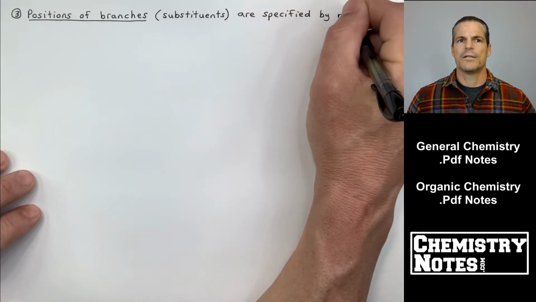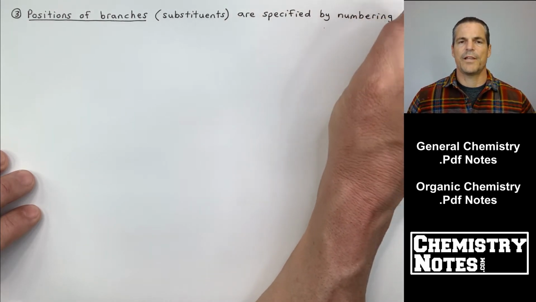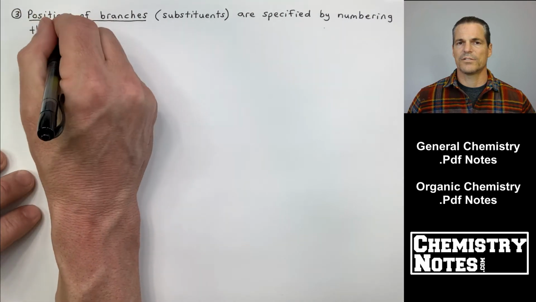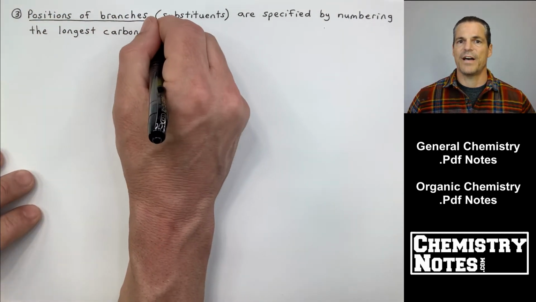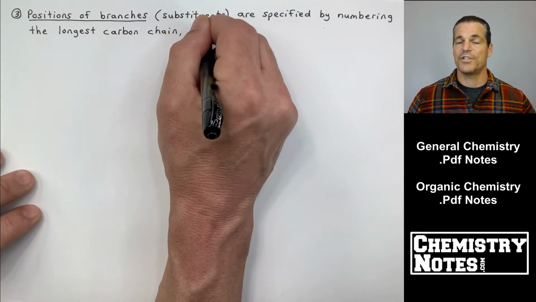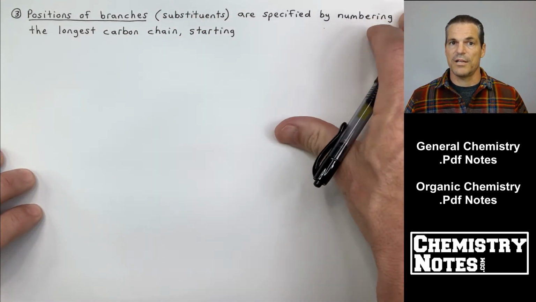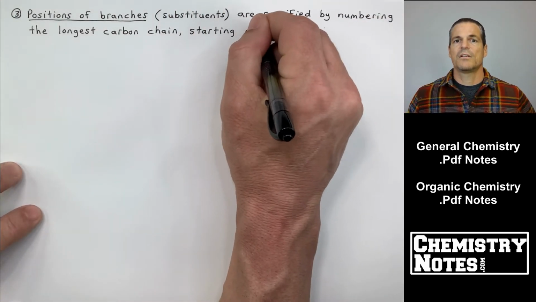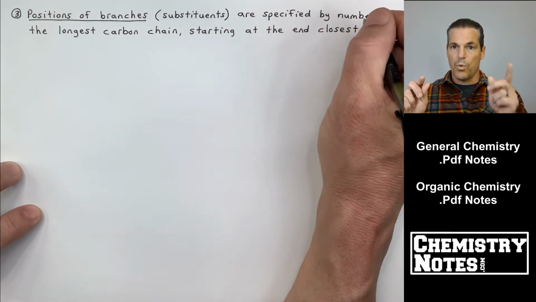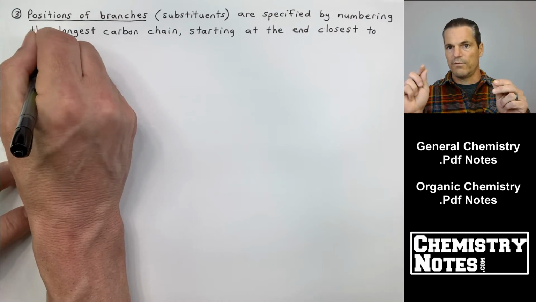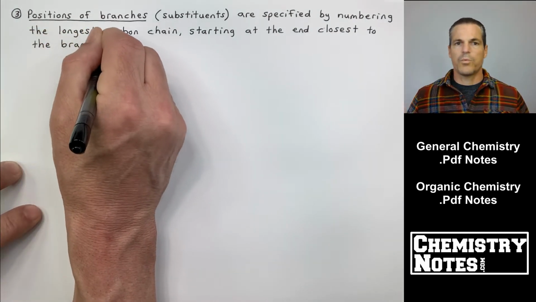Rule number 3, positions of branches. By the way, branches are also called substituents, and positions of branches are specified by numbering the longest carbon chain. This is our parent chain. You can number a chain from either way. You could number it 1 over here at the very end or 1 over here at the very end. So which way do we start?